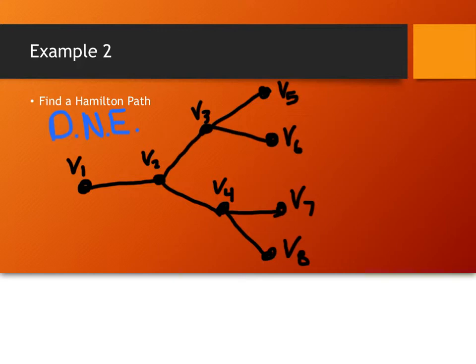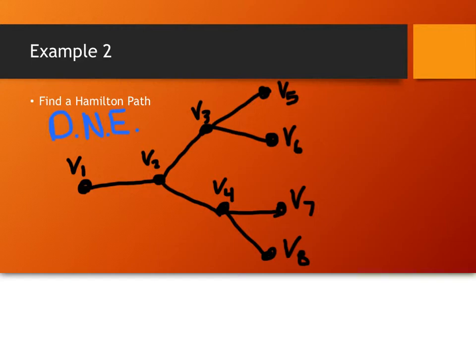Right? And there are going to be cases where you have graphs where the Hamilton path doesn't exist. We saw a case just a second ago where the Hamilton circuit didn't exist and the Hamilton path did exist. Here, neither the Hamilton path nor the Hamilton circuit exists.